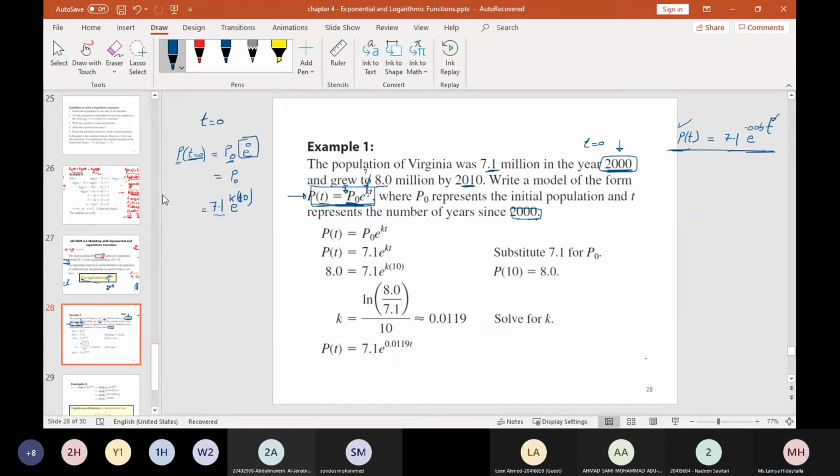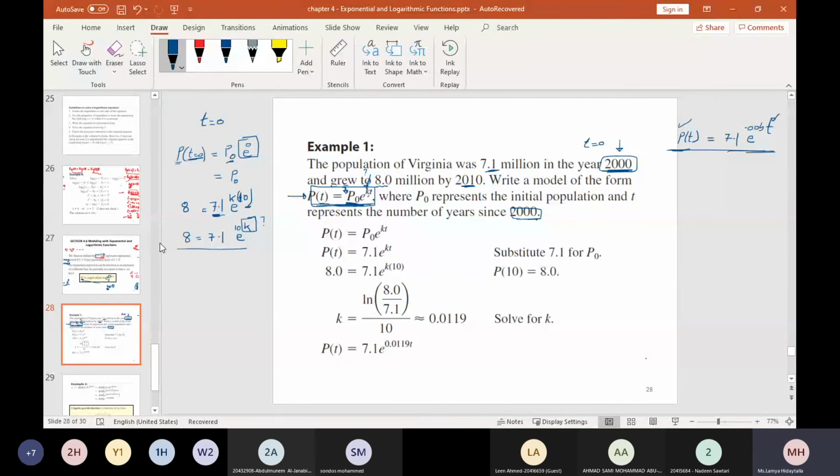And after 10 years the population went from 7.1 to 8 million. So that is 8 equals 7.1 times e to the power 10k. Okay. Now I can get the k, right? Because I have an equation with one unknown.